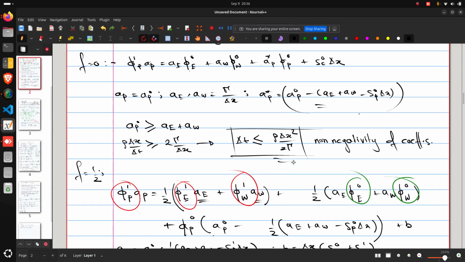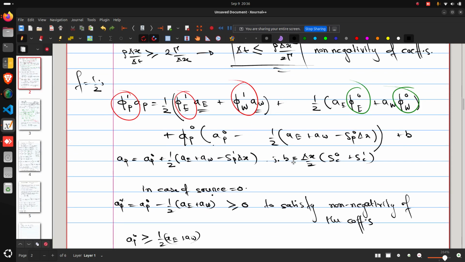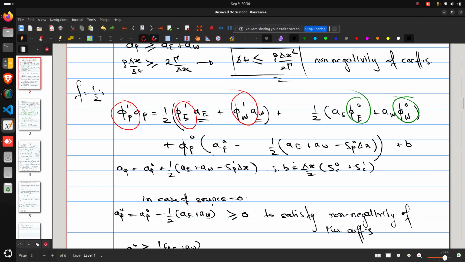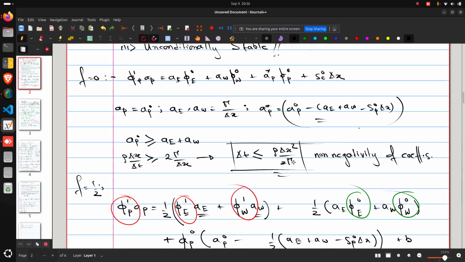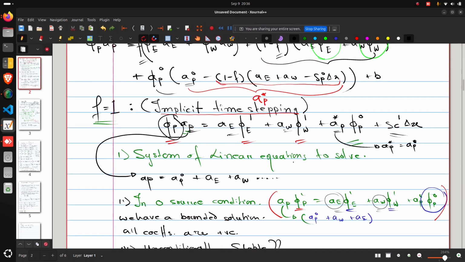Now we will do the same thing for the implicit scheme, and we'll show that this kind of scheme is stable no matter what time step you choose, but that does not necessarily mean that the solution is correct or accurate.